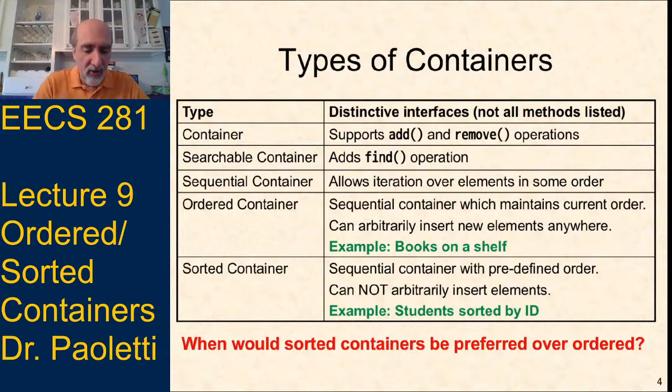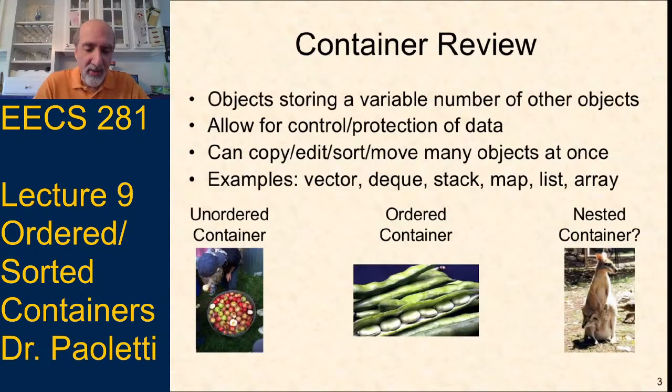And actually, sorry, one other thing on here, the nested containers is actually really important. When we look at putting containers inside of containers, that's what gives us real power to create complex data structures. So for example, in Project 2, you might have a structure for a stock. You might have a class for the stock market.